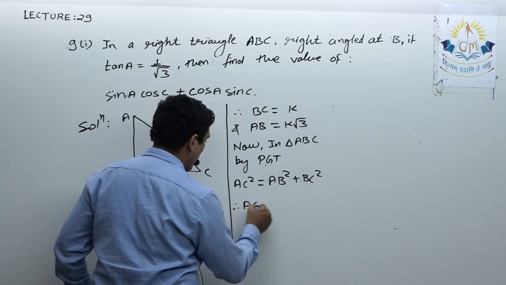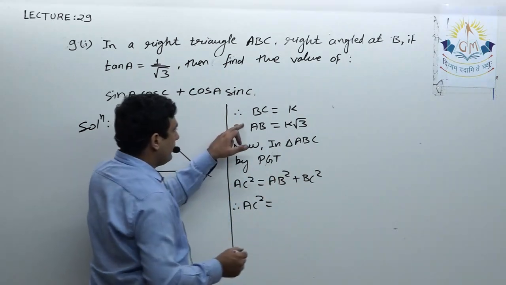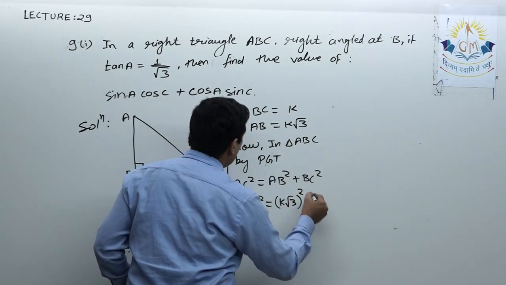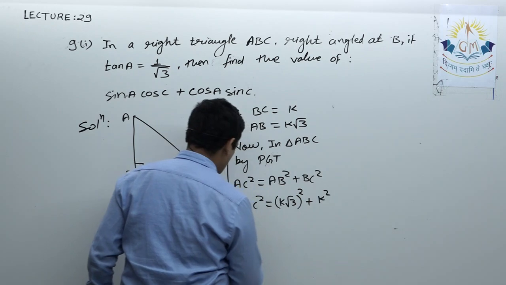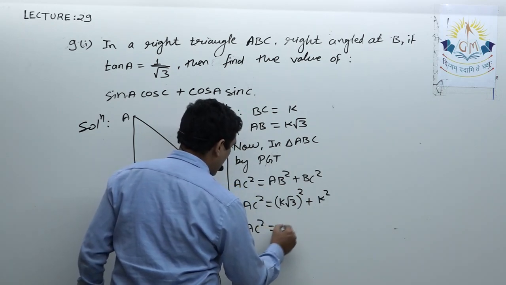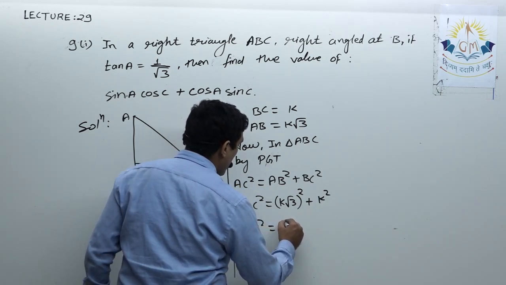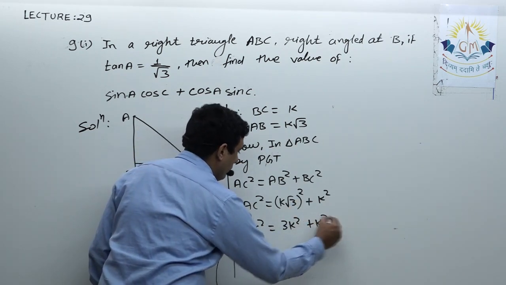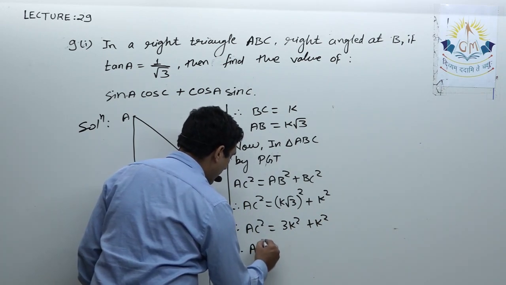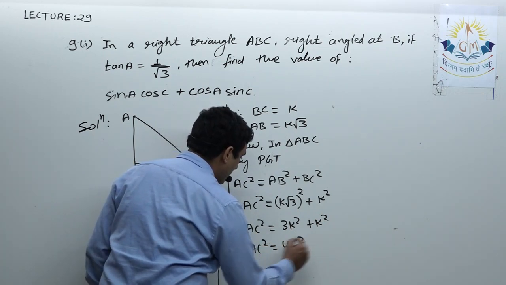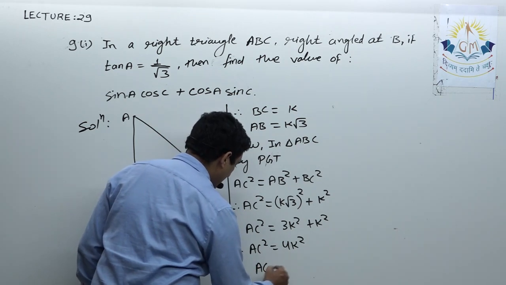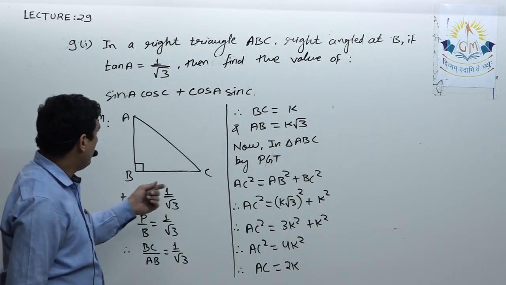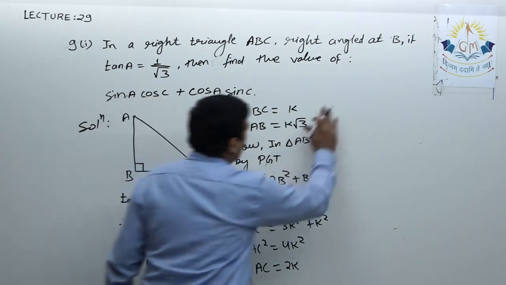Now AC square is equal to, AB is K root 3, so K root 3 square, plus BC is K, so K square. I will add them. So ultimately AC square is equal to 4K square and hence AC is equal to 2K. So we got the value of AC, that is 2K.